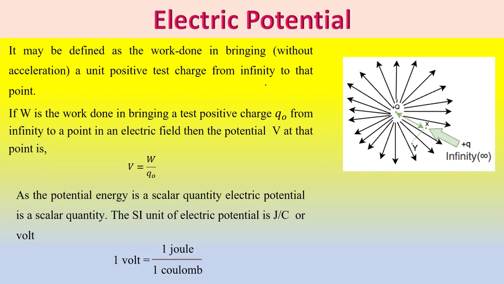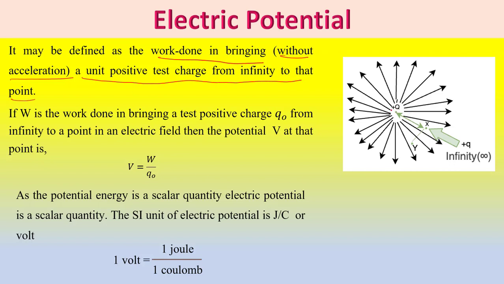That is without any acceleration. So acceleration नहीं होना, because the accelerated motion will radiate the charge. So we don't want that kind of complication to come into our picture. So it is defined as the work done in bringing a unit positive test charge from infinity to that point.